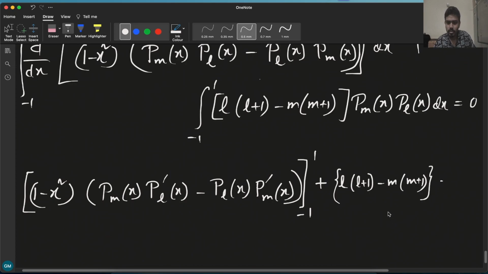And times the integration from -1 to 1 of Pm(x) Pl(x) dx equals 0.